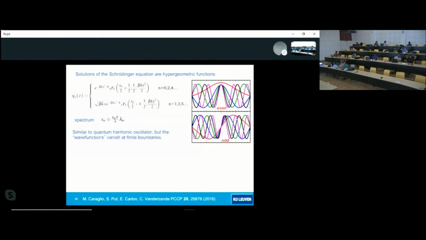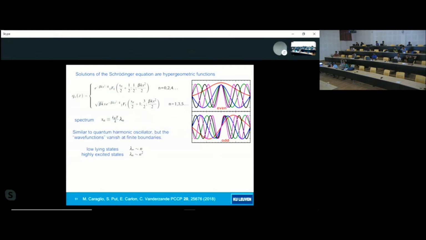That's how you find it in ordinary quantum mechanics, but here we impose finite zeros. And it's quite important for what I'm going to say later that we enforce this boundary condition.